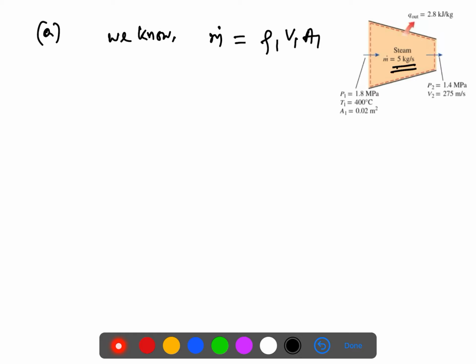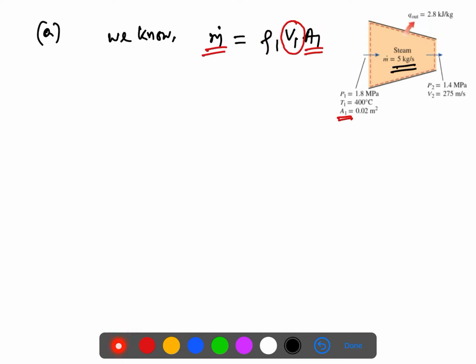Here we know the area A1, and we need V1, so we will calculate this V1. The mass flow rate is known, the velocity is unknown, and the area is known, but we don't know the density.